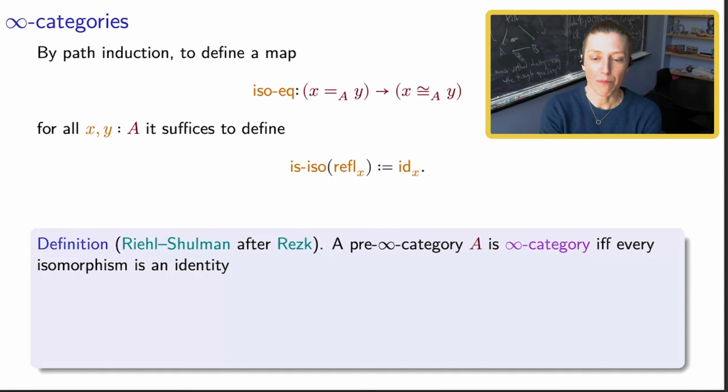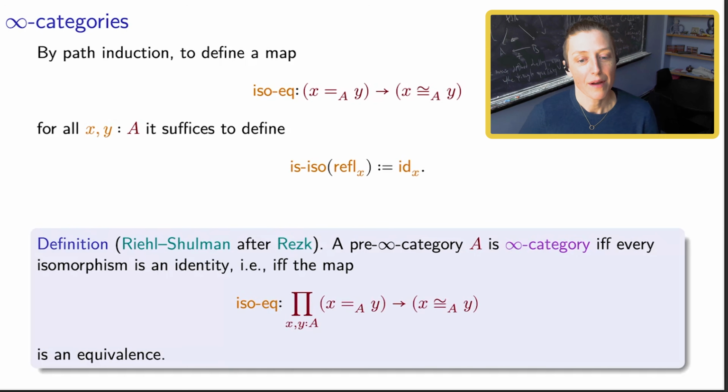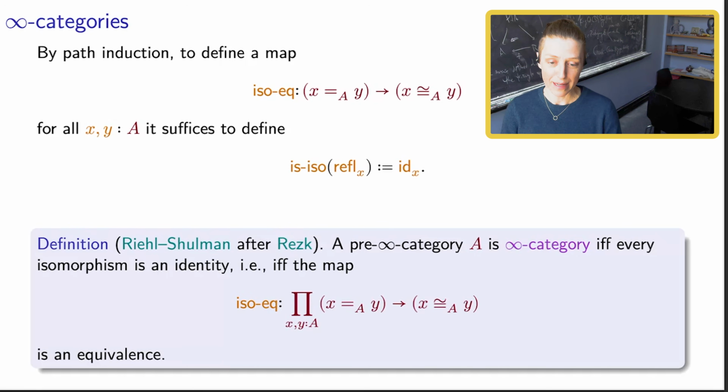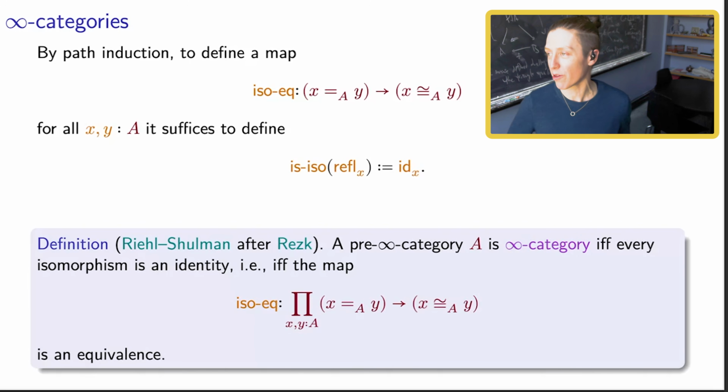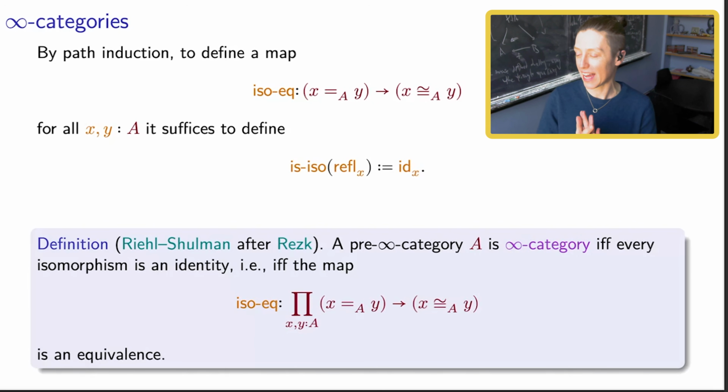And what turns a pre-infinity category into an infinity category is the second axiom. A pre-infinity category just says that every composable pair of arrows has a unique composite. An infinity category is one of those so that, in addition, every isomorphism is an identity, meaning that this map is an equivalence. As I mentioned beforehand, in the simplicial type theory, my types have sort of 2 directions. I have the family of arrows, and I have the family of paths.